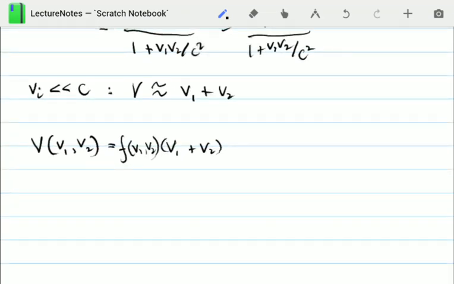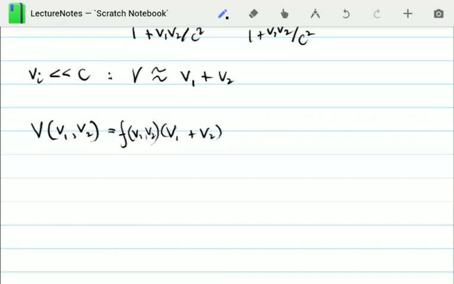Okay, so how do we find that f? How do we find the form of that function? Well, let's look at the asymptotic limiting cases. Okay, when the objects that we're looking at travel at the speed of light, or they are light themselves. So if v1, the object we're looking at, is light, so if it is traveling at the speed of light, according to the light postulate of Einstein, the guy that will be looking at that light will also see the value c.